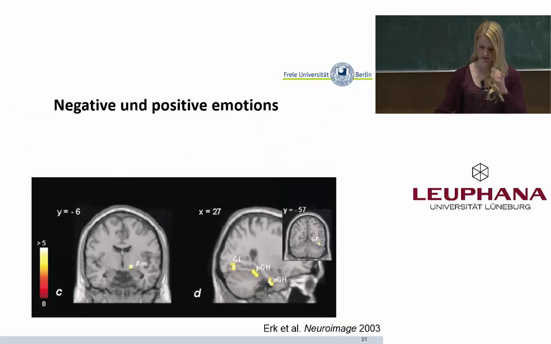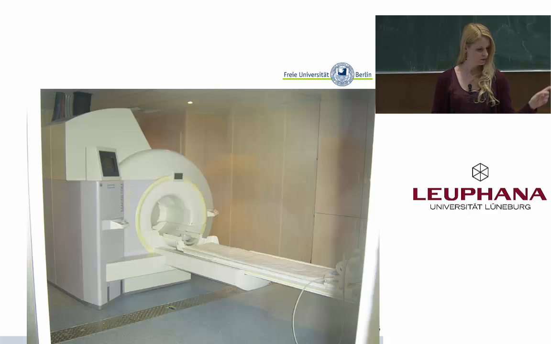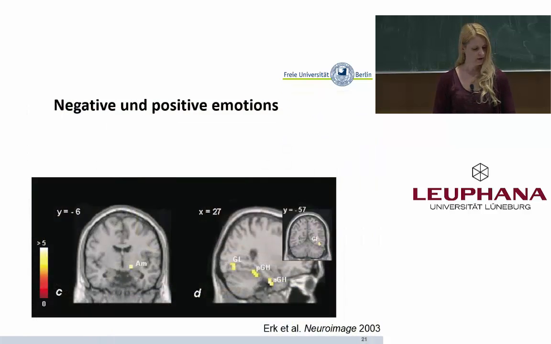Thanks to neuroimaging, like fMRI, functional magnetic resonance imaging, and this is an fMRI machine, we have the possibility to scan the brain and shed some light on what is going on in the black box. fMRI images, as these, show us the activation patterns in the brain while subjects perform tasks.